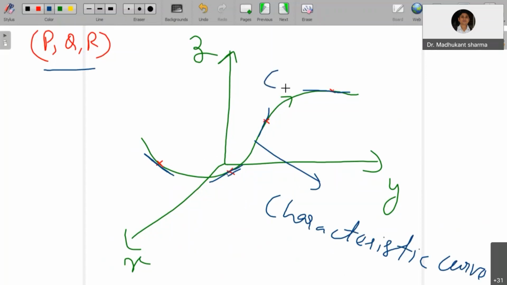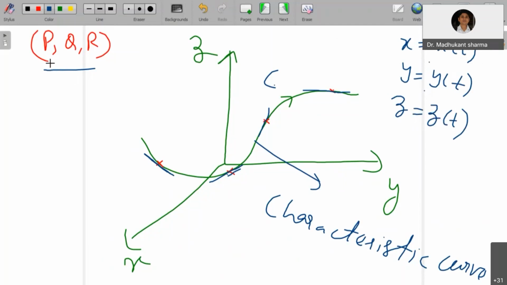Now you can talk about the parameterization of the curve. Suppose the parameterization is x equals x of t, y equals y of t, and z equals z of t. Then you know the direction of the tangent vector is dx by dt, dy by dt, dz by dt.